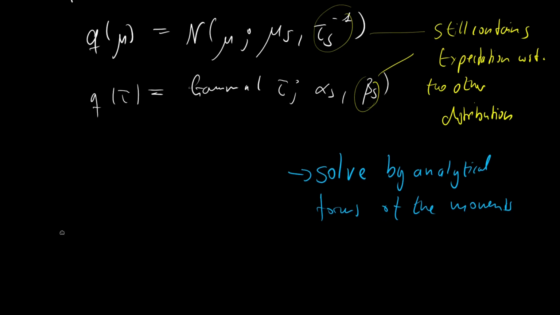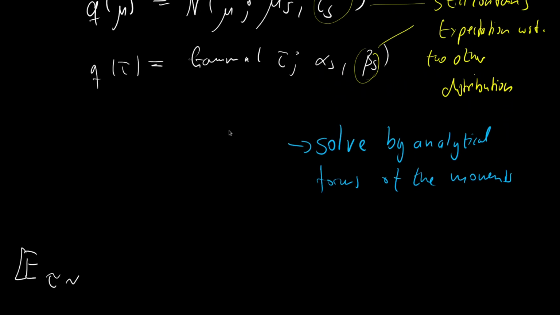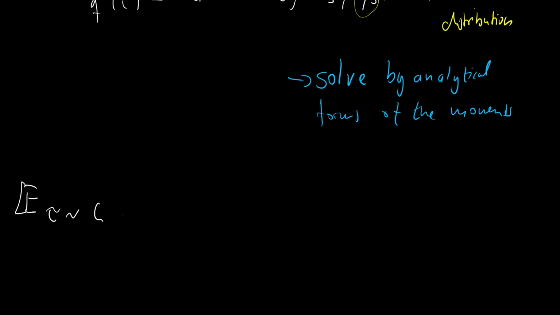Then let's do this. The expectation over tau distributed according to a gamma over tau under alpha s and beta s is alpha s over beta s. That's what you can look up in textbooks, or you can derive it yourself.